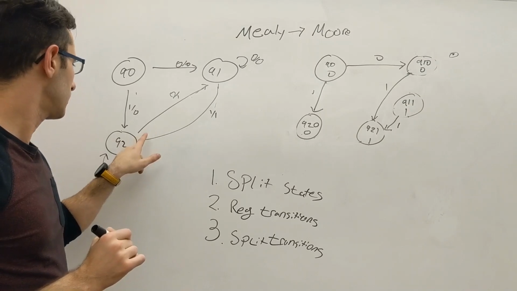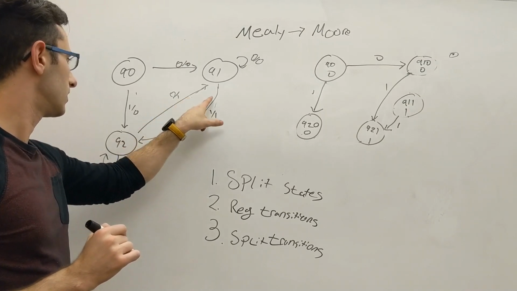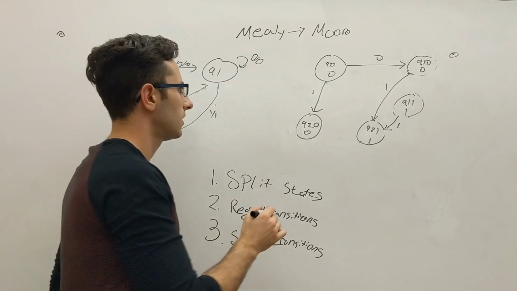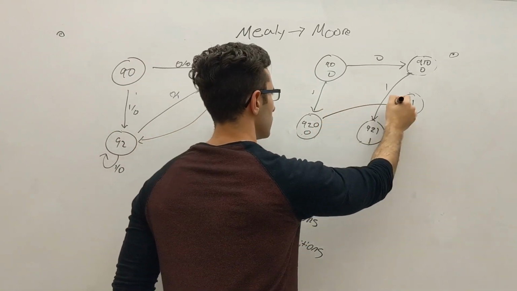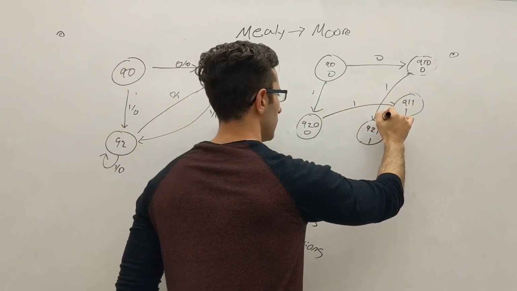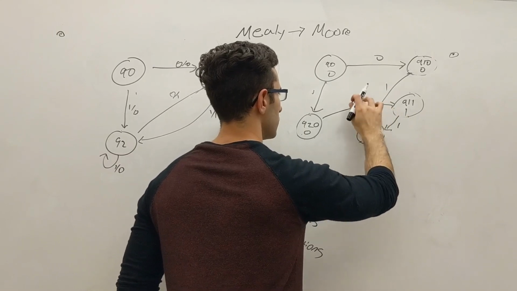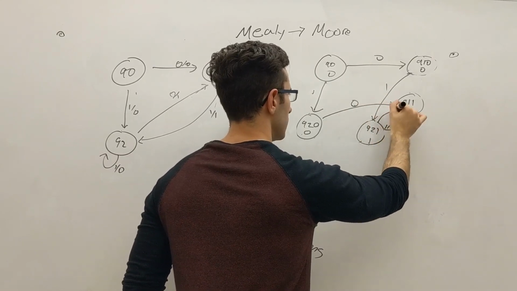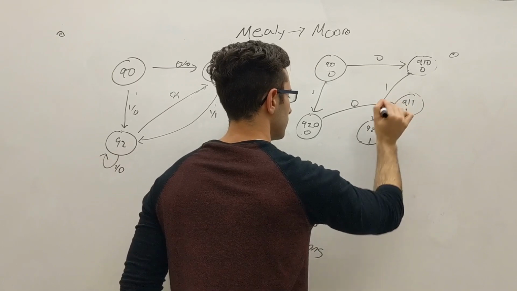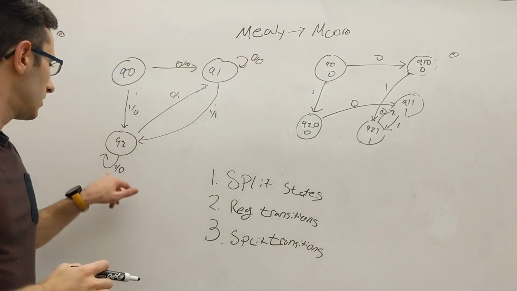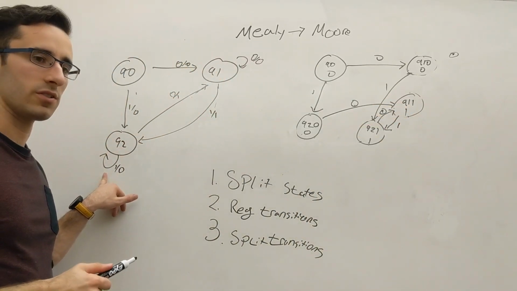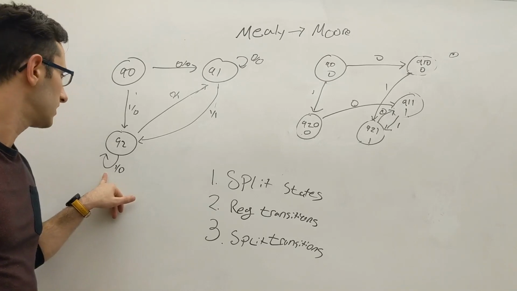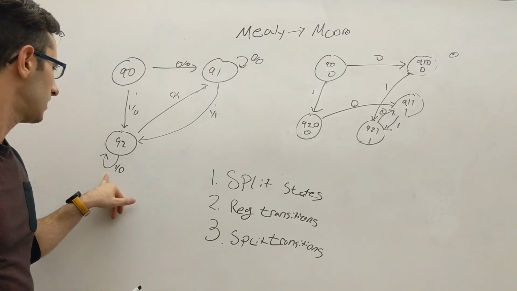Same thing over here. We've got Q2 to Q1. So we're going to go Q2 0 to Q1 0, and Q2 1 to Q1 1. For these ones where we start and end in the same state, it's going to be the exact same.